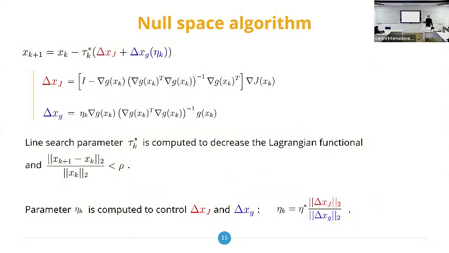So the tau parameter that I used in the auxiliary quadratic approximation problem appears basically as a line search again, as in the gradient descent algorithm. And the other parameter that I used in the quadratic term appears multiplying the range space flow. And this parameter basically what it does is to scale the relative length of the range space vector with respect to the null space.